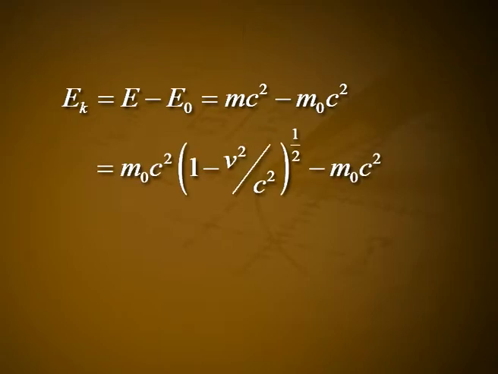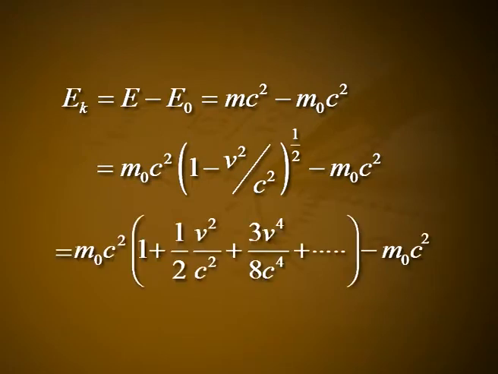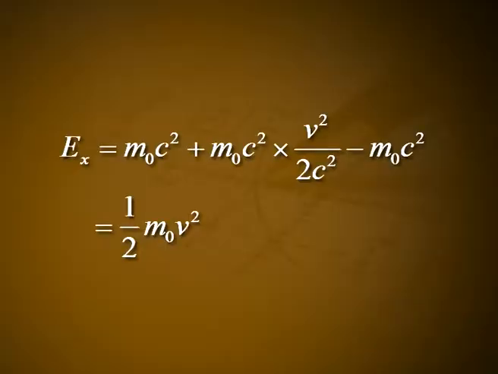To show that the relativistic energy reduces to the classical formula when v is very much smaller than c: Ek = E − E₀ = mc² − m₀c² = m₀c²(1 − v²/c²)^(−1/2) − m₀c² = m₀c²[1 + (1/2)(v²/c²) + (3v⁴/8c⁴) + ...] − m₀c². When v/c is very much smaller than 1, we have Ek = m₀c² + m₀c²(v²/2c²) − m₀c² = (1/2)m₀v².